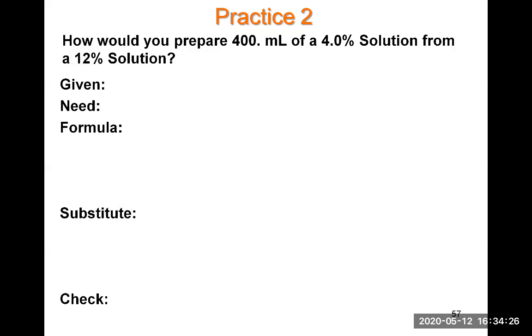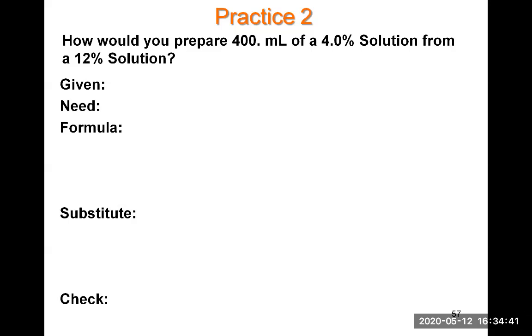These two go together. This volume goes with that concentration. And it says, how would you prepare that? So that's the end product. That's what you want to get at the end when you have done your dilution.